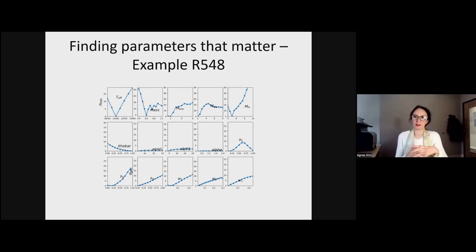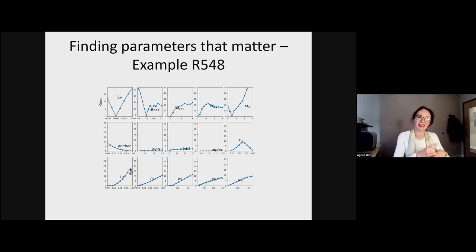Here I was attempting to look at a DAV called R548. And I work with grids. So I took a model on the grid that had periods that matched R548 reasonably well, had a similar type of period structure. And then that particular grid model has 15 parameters associated with it.